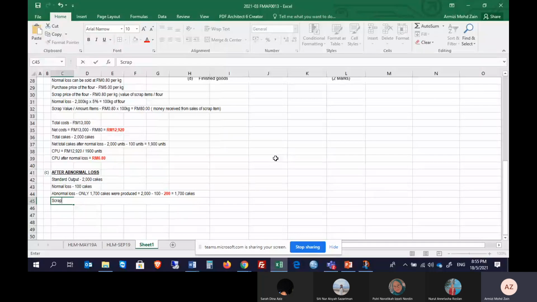It is scrap value dia. 300 times dengan RM 0.80 equal to RM 240. Abnormal loss.